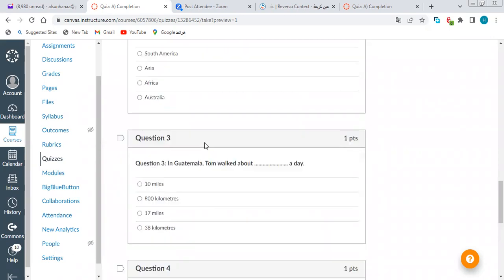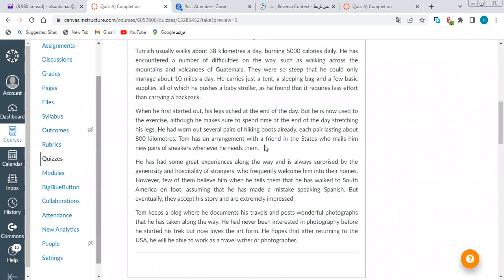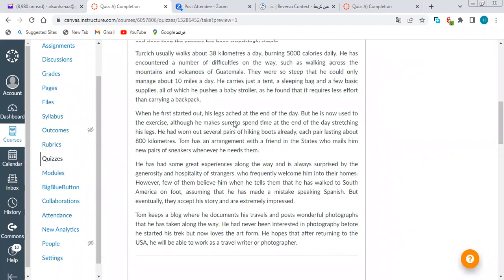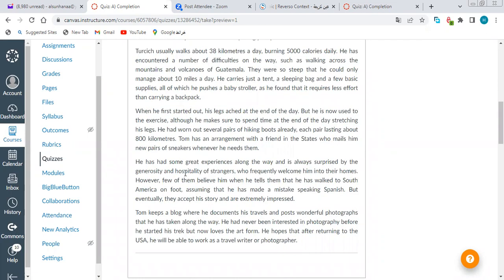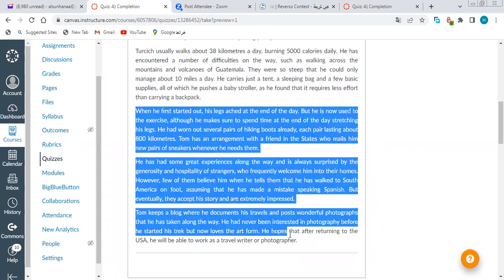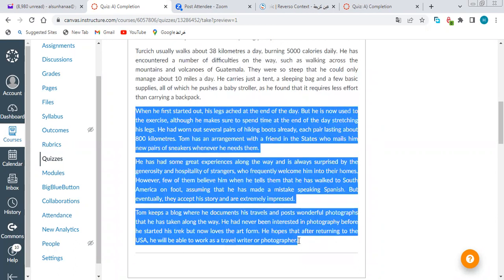So please, I want you to look here. You can look in the last 3 paragraphs. You will find the answer in these last 3 paragraphs.